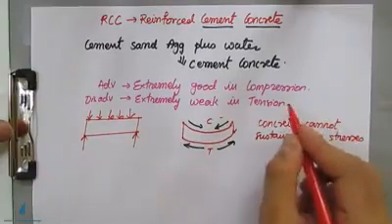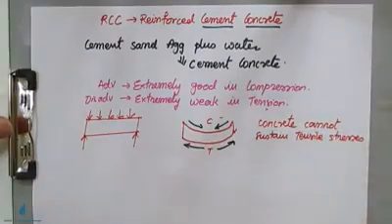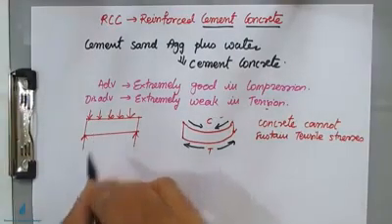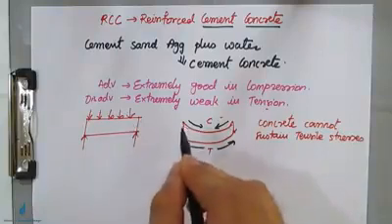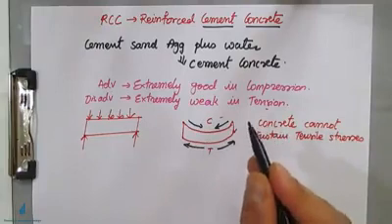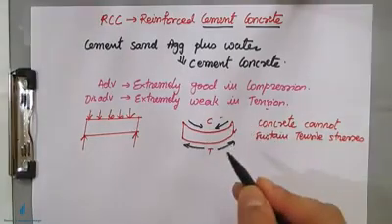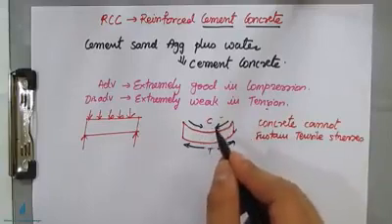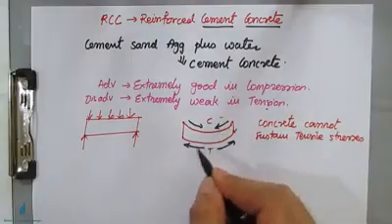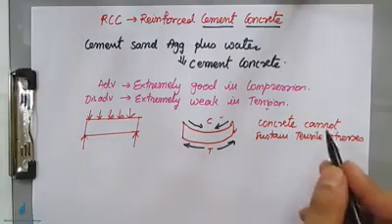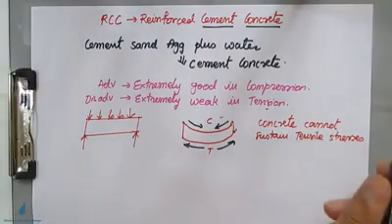Because it is extremely weak in tension. So if you construct a structural element, suppose an RCC beam, for example a simply supported one, it will undergo bending. After bending, it has two zones, compression zone and tension zone. Concrete being good in compression, the compressive stresses are taken care of by concrete, but it is extremely weak in tension, therefore concrete cannot sustain tensile stresses alone.